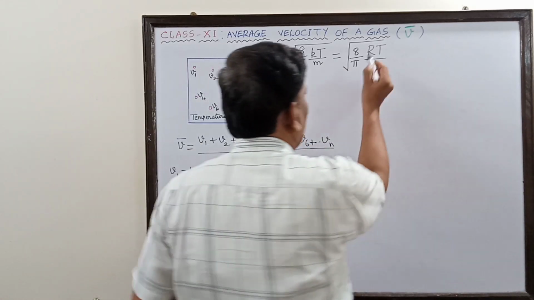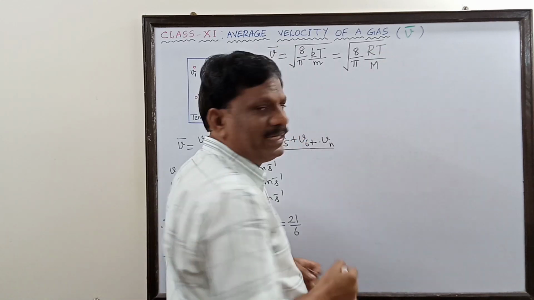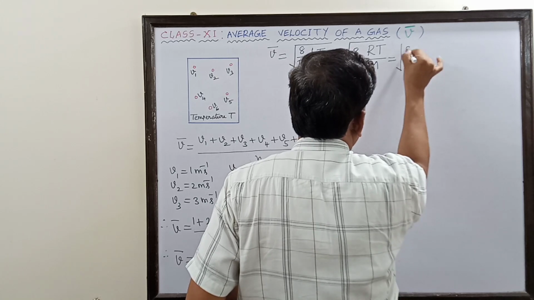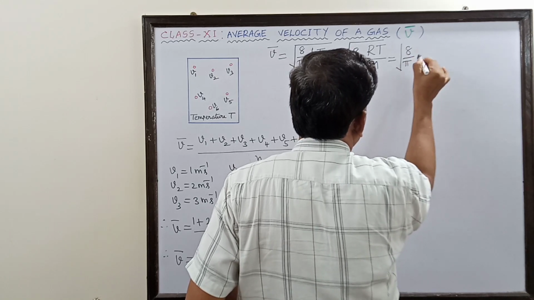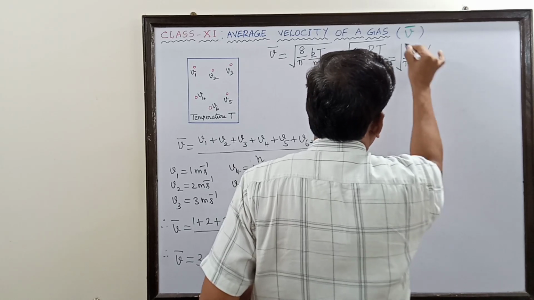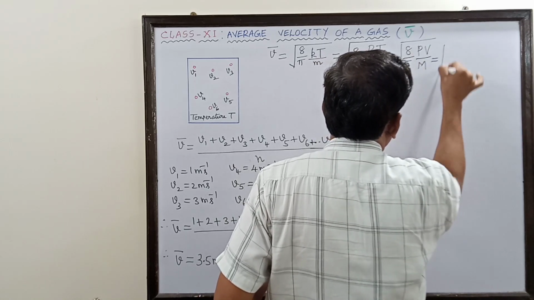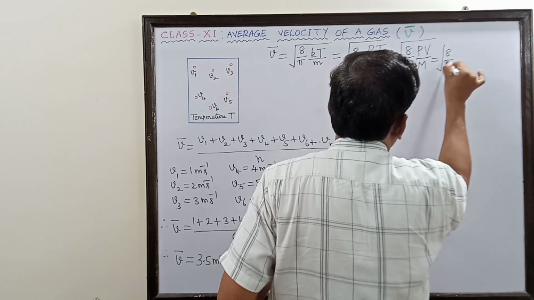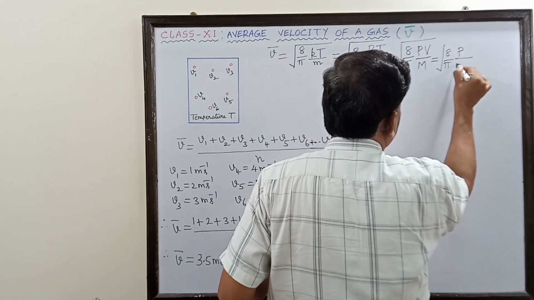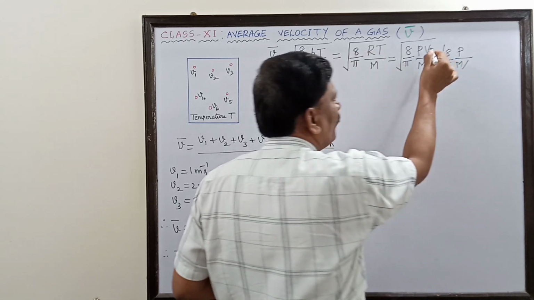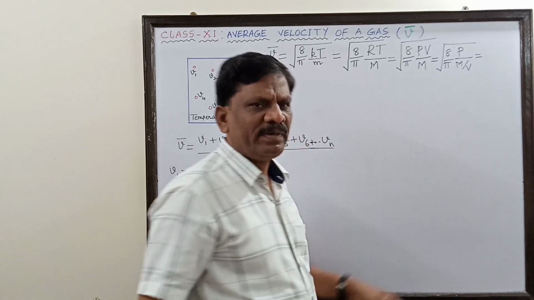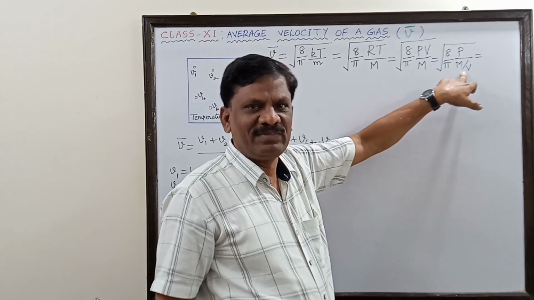RT is also equal to PV. So this can be written as square root of 8 by pi into PV divided by M. Again this is square root of 8 by pi, where P is retained in the numerator and in the denominator I can bring the volume as M by V. That mass by volume can be replaced by the density of the gas.